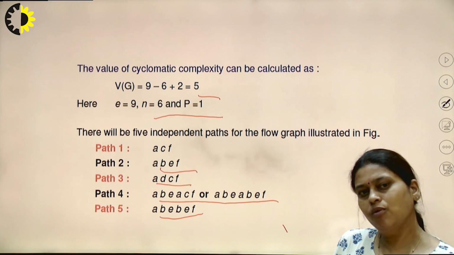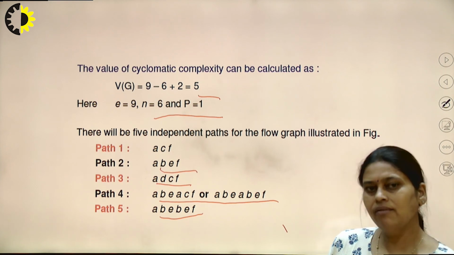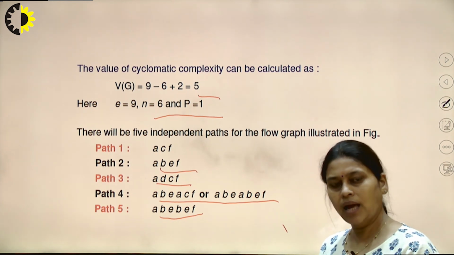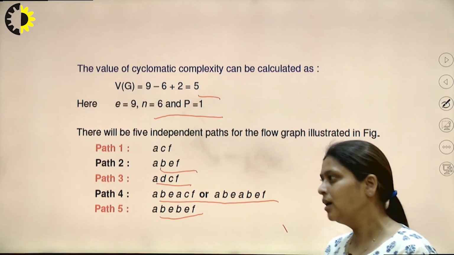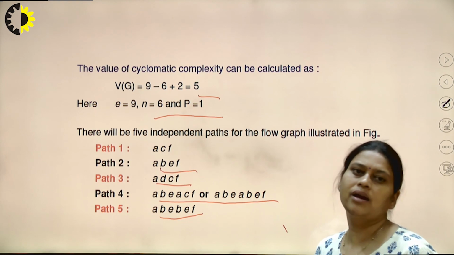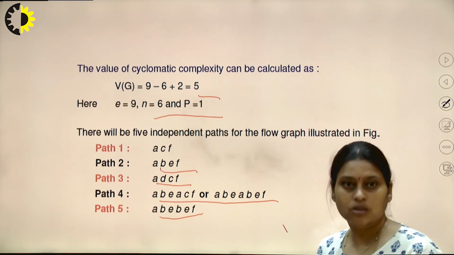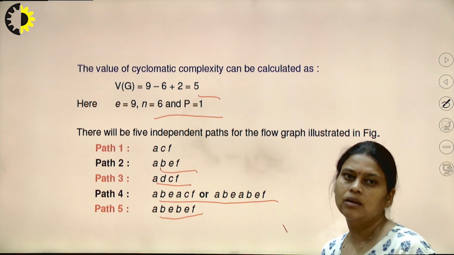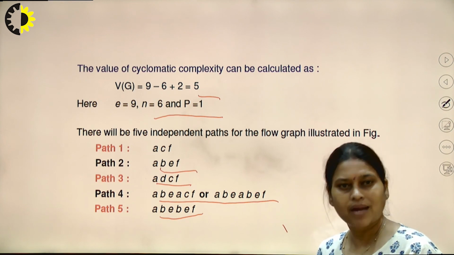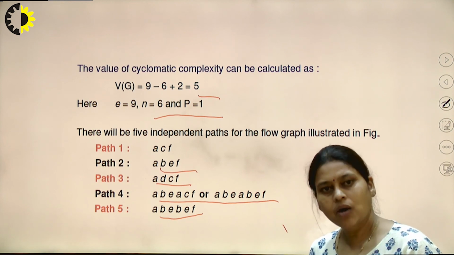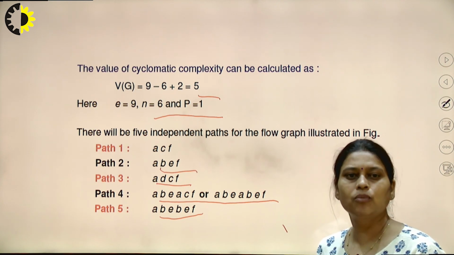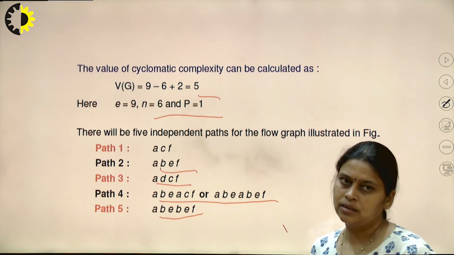If we have a program, then we first convert it into the CFG, then calculate the complexity, and if we have a CFG, then we directly calculate the complexity and the total number of independent paths. So this is the method of finding the complexity of the given program with the help of the cyclomatic complexity method. Thank you very much.